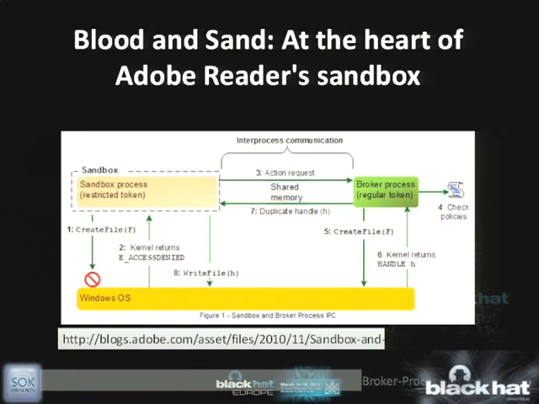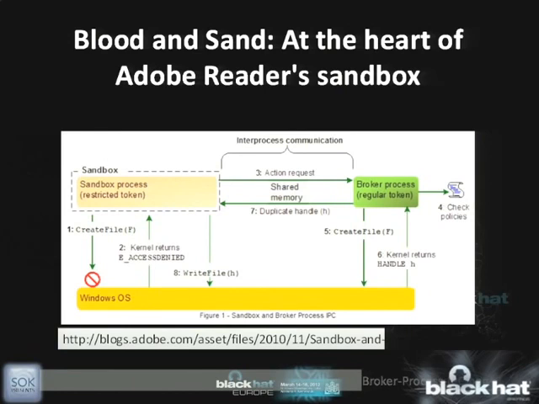It will send an IPC message to the broker with a tag that says, I want to call NtCreateFile. The broker receives that message. It checks if the sandbox process is allowed to do that. So you have a policy engine here, checking: do you have the right to do that or not? If you have the right to do that, then it will forward the call to the kernel.